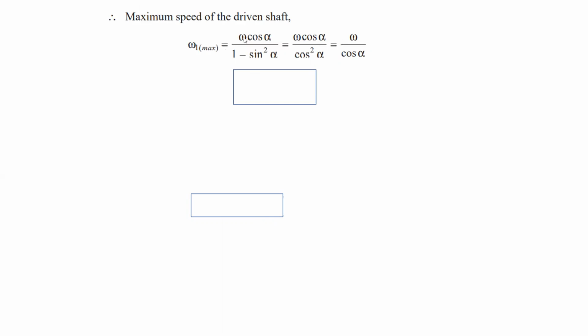So same I explained here. 1 minus sin square alpha. So it is the value of maximum angular velocity of driven shaft. It is the maximum value. Okay. And angles at which it happens are 0 degree, 180 degree and 360 degree.